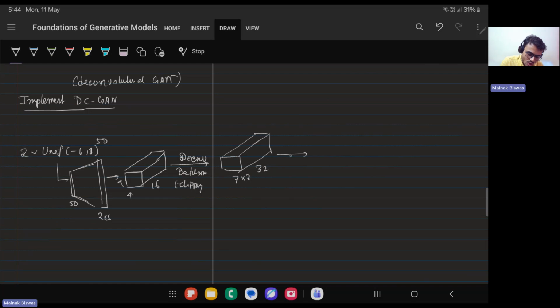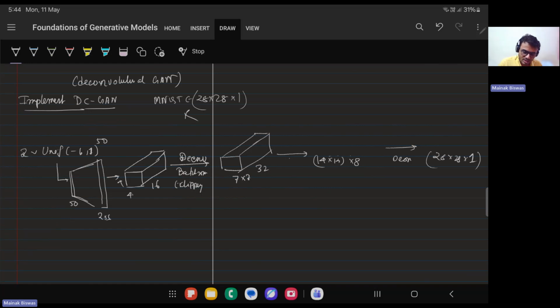Then I will do deconv again to 14 cross 14 cross 8, say. Then I will again do deconv and get, say, 28 cross 28 cross 3 or 1, depending on whether I want colored images. I don't want colored images, so again I'm doing MNIST. MNIST is 28 cross 28 cross 1.